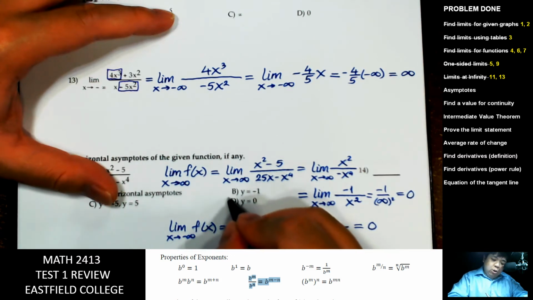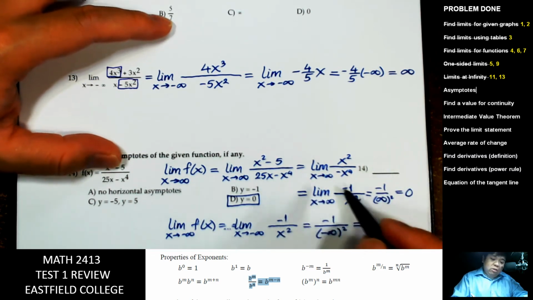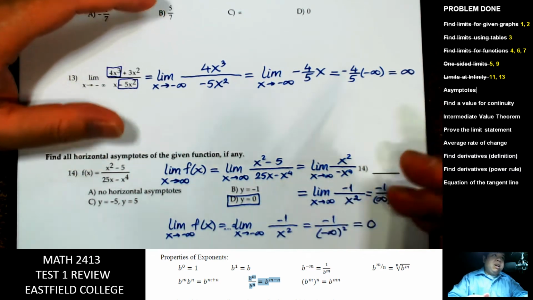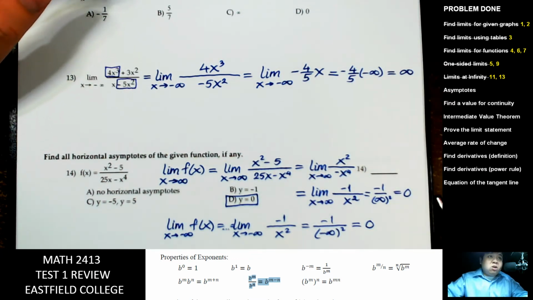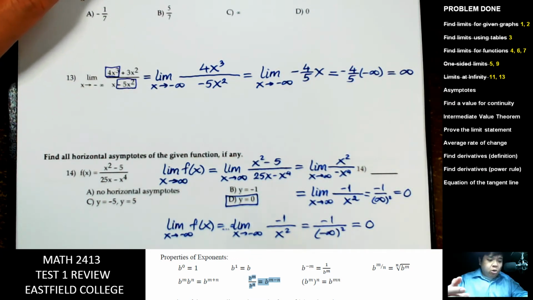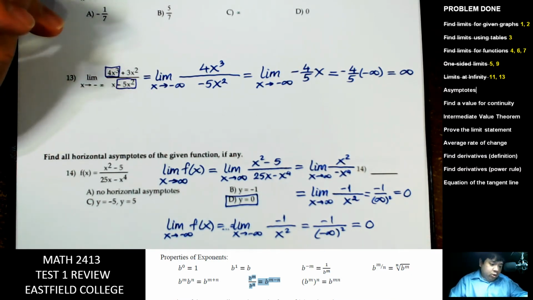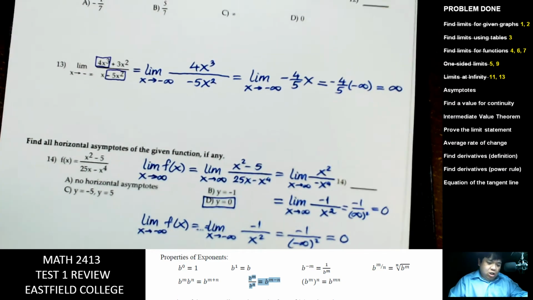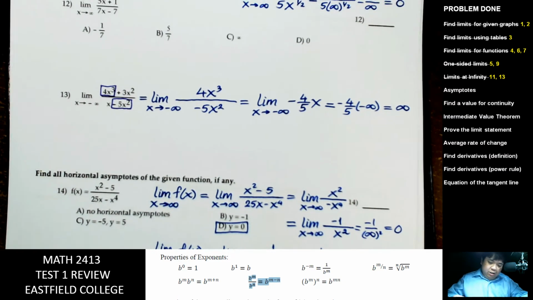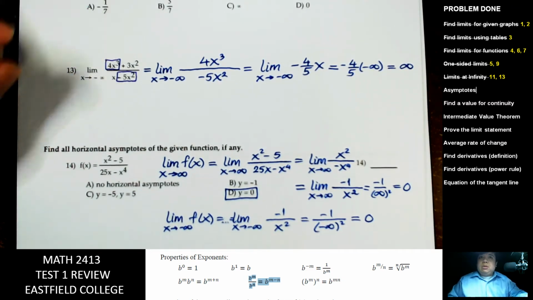So y equal to 0 is the horizontal asymptote. So we just take the limit, and whatever the limit equals, make that equal to y, because y equal to a constant is a horizontal line, a horizontal asymptote in this case. So that was 14. Now we go back to 10. Although 10 is too simple, still do that anyway.